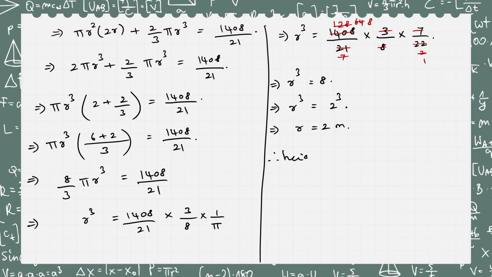Therefore, height of the cylindrical part equal to 2r. Remember 2r, which is equal to 2 times 2, which is 4 meter. Okay, so height of the cylindrical part is 4 meter, and that's the answer.